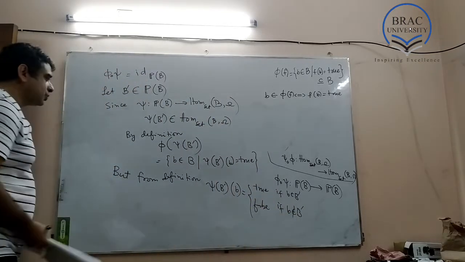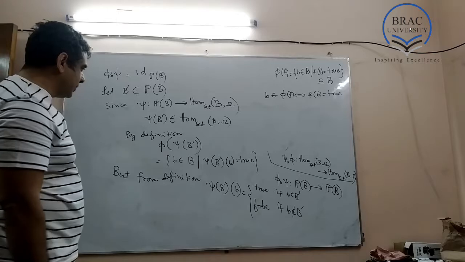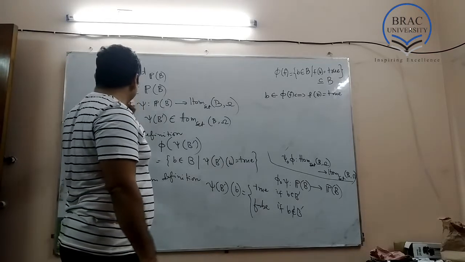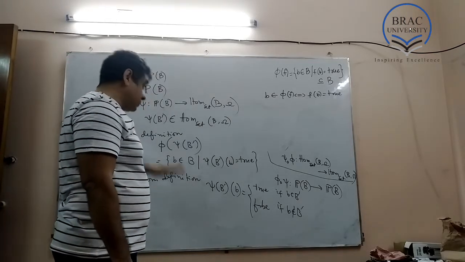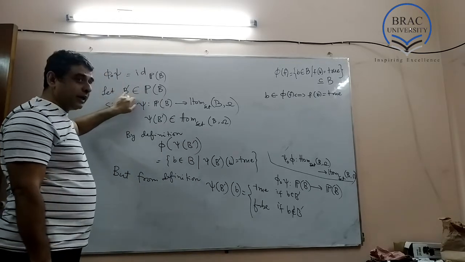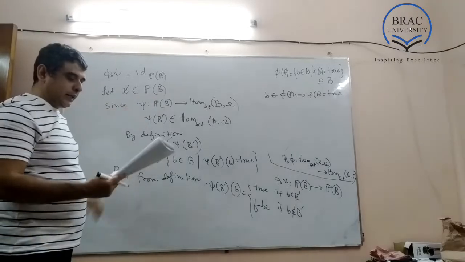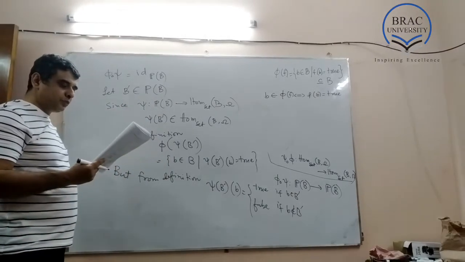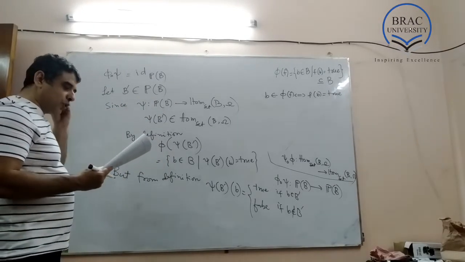So this was the definition of psi associated with an element of the power set of B. You can consider B prime to be a subset of B or an element of the power set of B. So let's keep going.